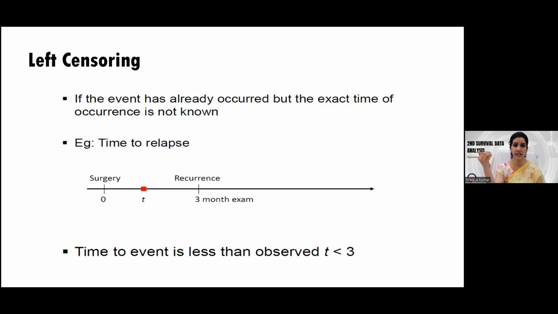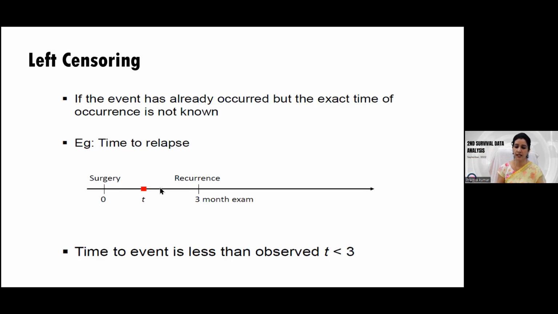In this case, if you are measuring the relapse of hernia after the surgery, you can take the surgery as the 0 time. The person has come to you at 3 months, and when you have done the examination, you have seen that there was already appearance of hernia.